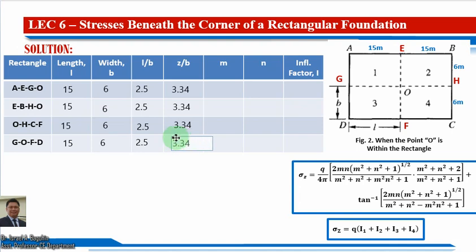Okay, so our M is just simply equal now to B over Z, which is equal to 0.3 all throughout for these four rectangles.